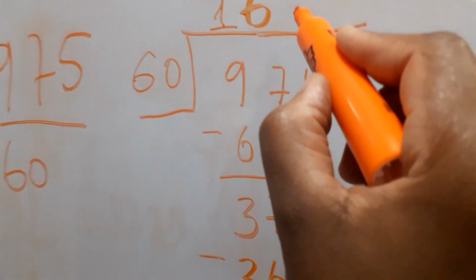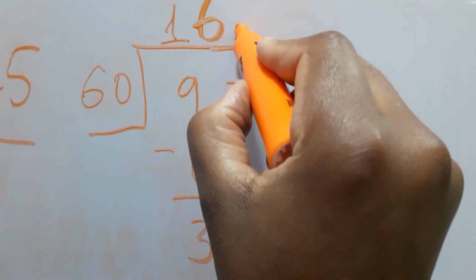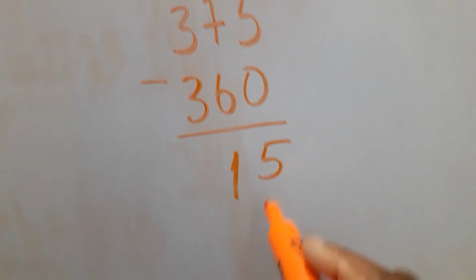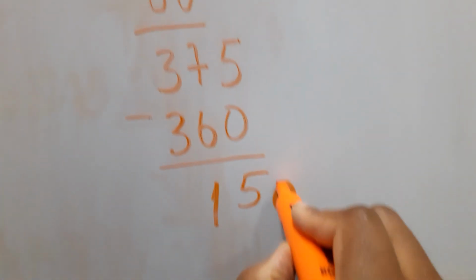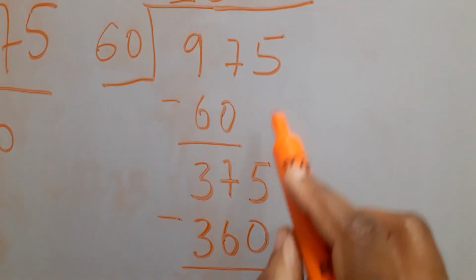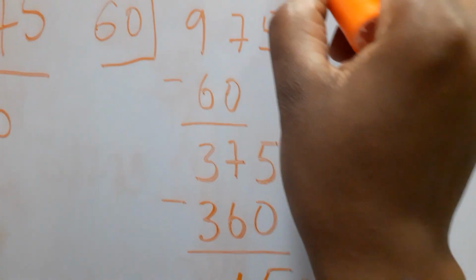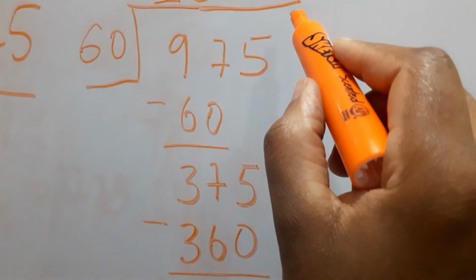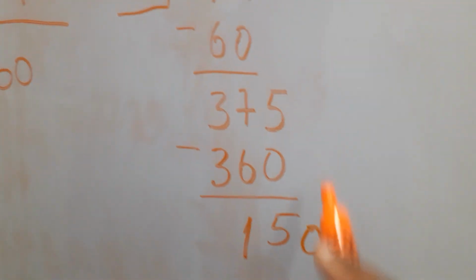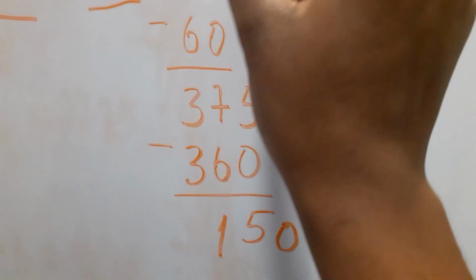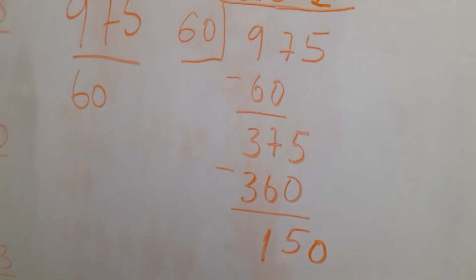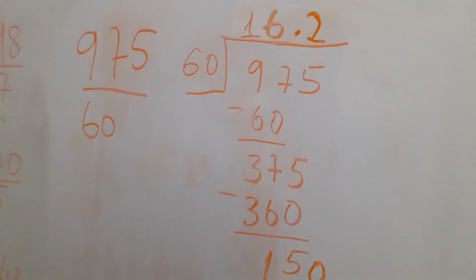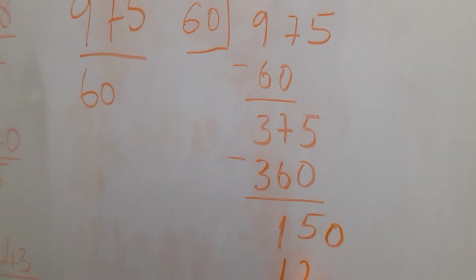So what do we do? We put a decimal point here at the top, and we add a 0. So 150 divided by 60, we know that 6 times 2 is 12, so that will be the closest to 150. So if we put 2 here, 2 times 60 will be 120.